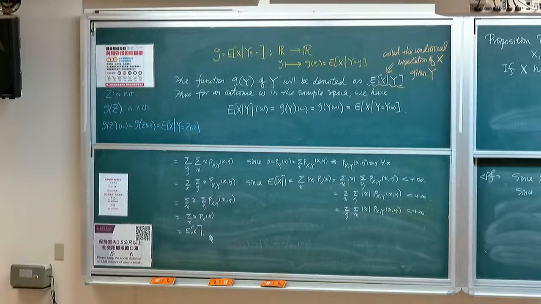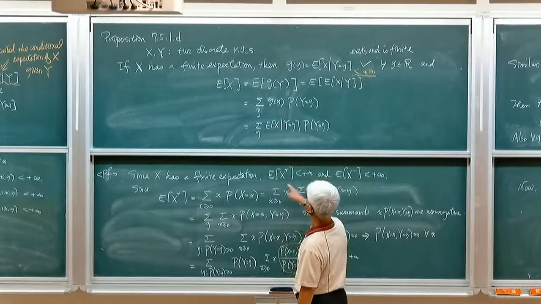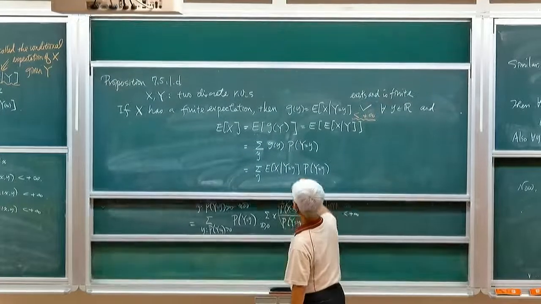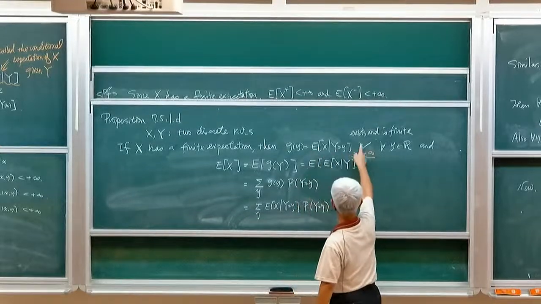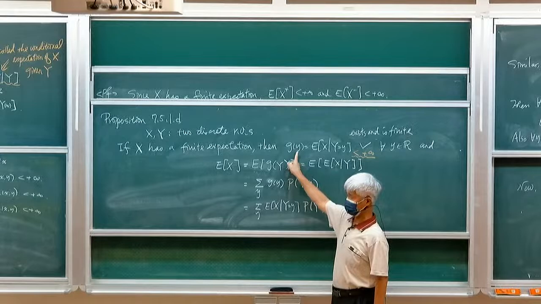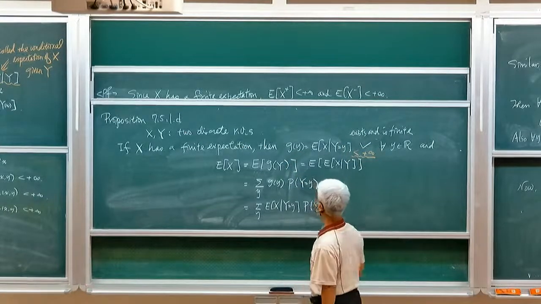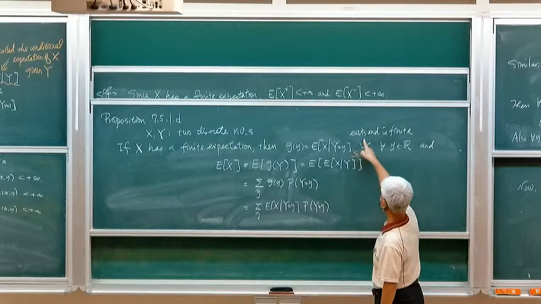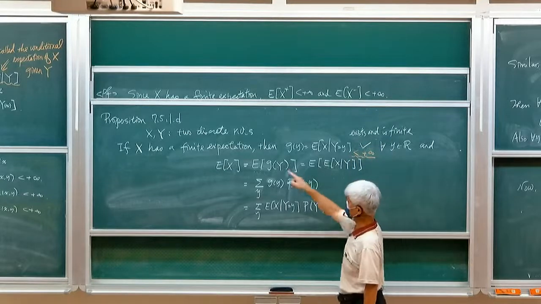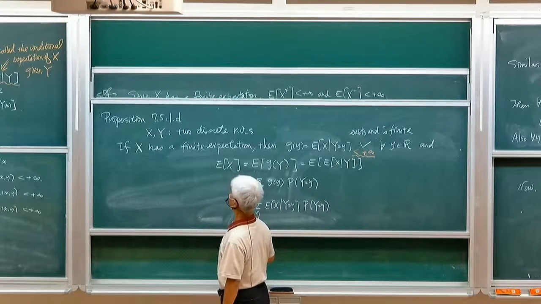So I think the harder part of this proof is to show that the g(y) is indeed a function from R to R, so that the function exists and is finite when X has a finite expectation.